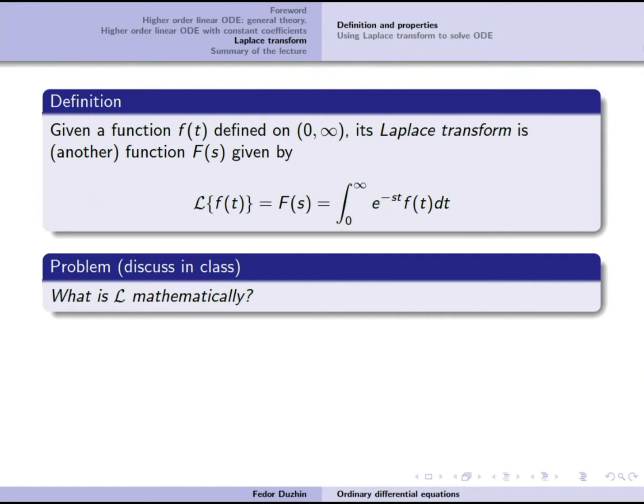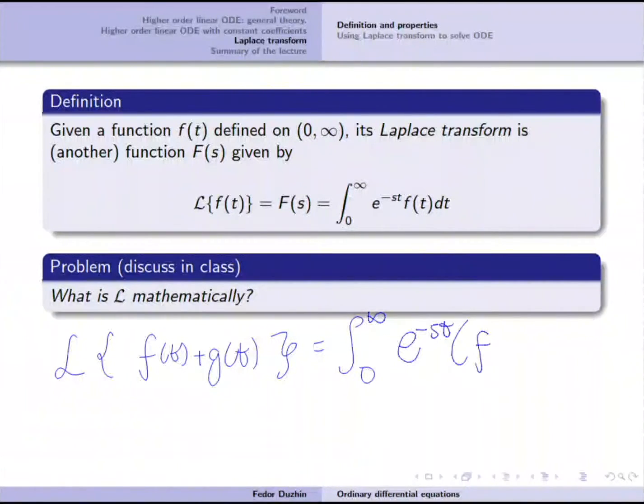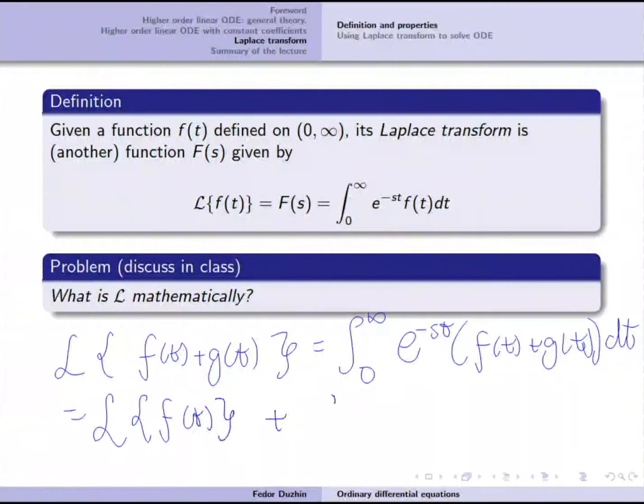The answer is, so notice that if we try to find Laplace transform of, say, f of t plus g of t, this is going to be the integral from 0 to infinity of e to the minus st times f of t plus g of t dt, which is really the Laplace transform of f of t plus the Laplace transform of g of t.